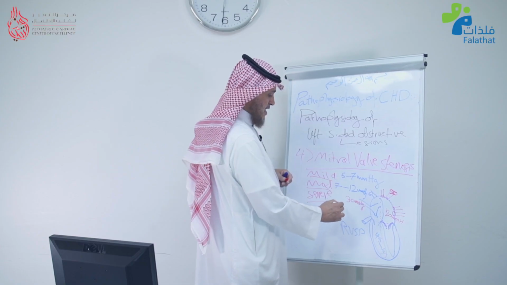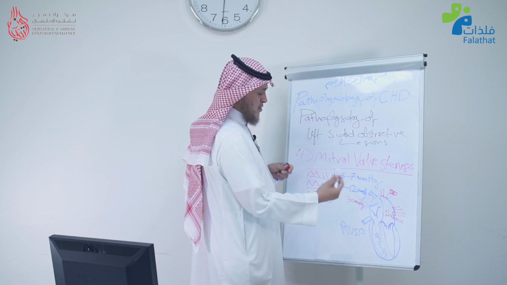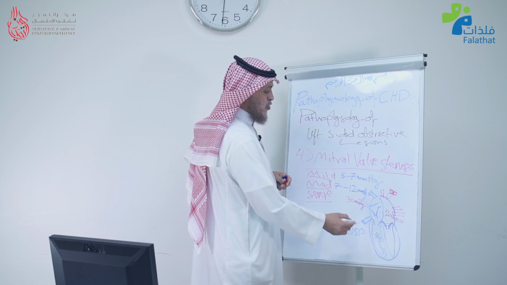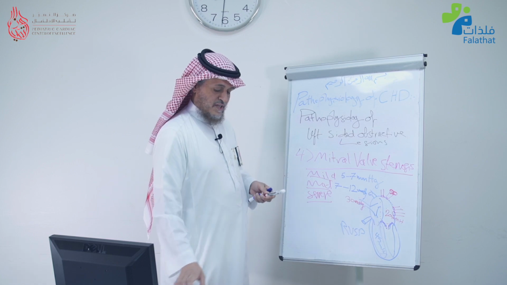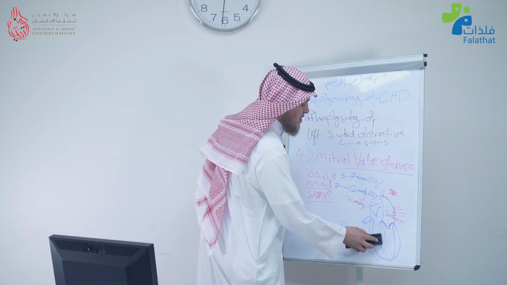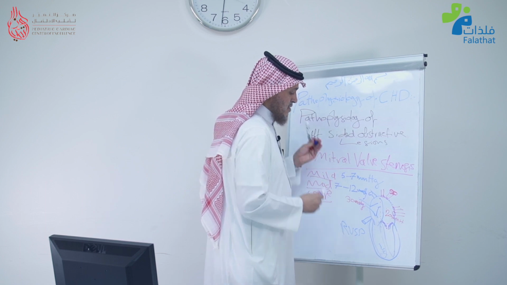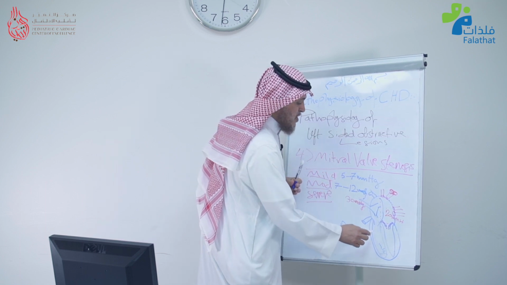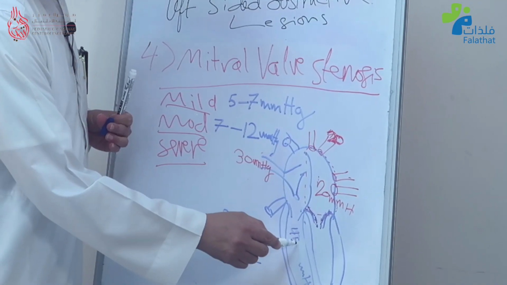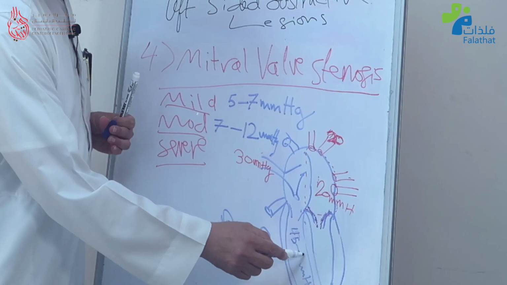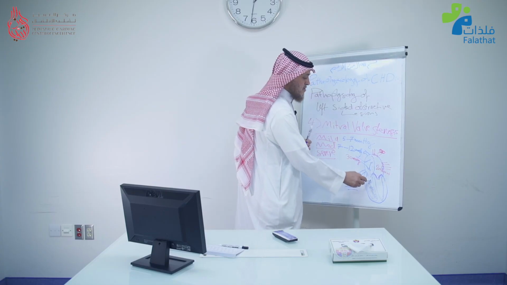If we add the 20 millimeter mercury to give the systolic, or 25, whatever you choose, it will be around 50 to 60 millimeter mercury. So we would expect now at least moderate elevation of the right ventricular systolic pressure, anything between 45 to 60 millimeter mercury.